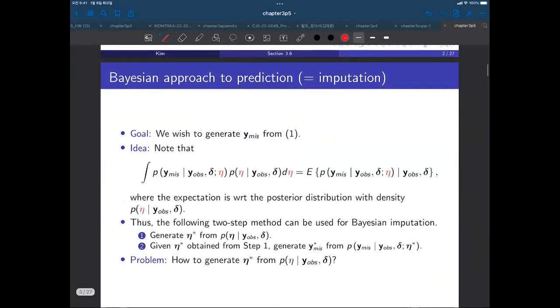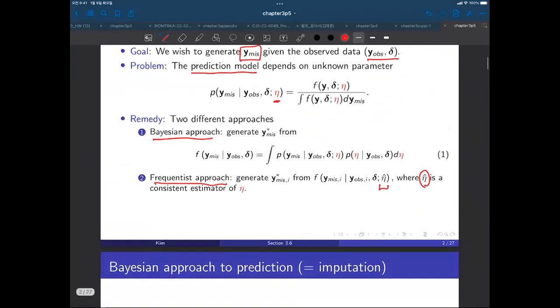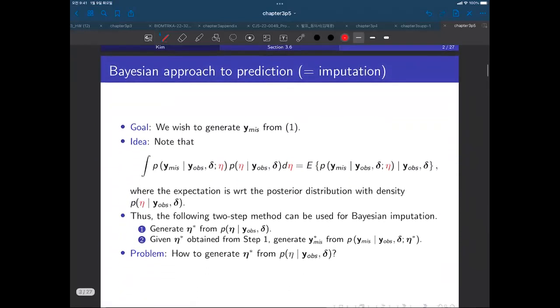So again, the goal is to generate missing data from the predictive distribution, right? Prediction model or predictive distribution, the same concept. And now we are talking about Bayesian. So the Bayesian idea is to average out over the conditional distribution given the data.